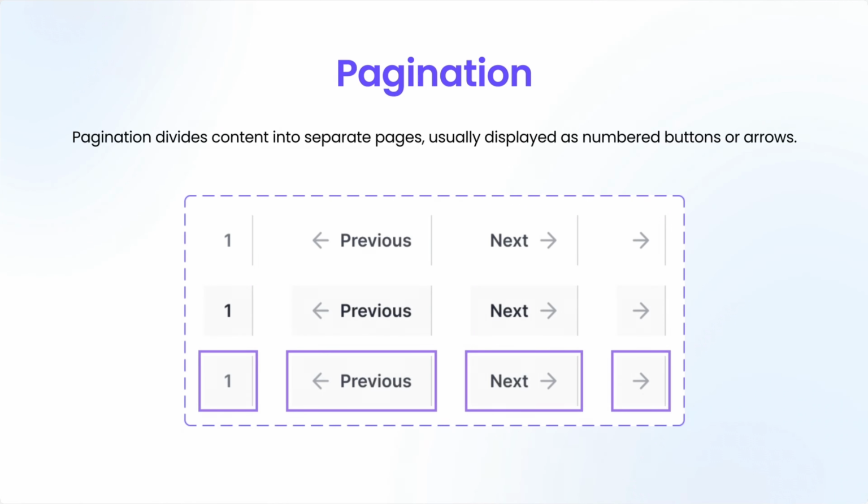You might want to utilize pagination or some sort of other elements such as an infinite scroll in order to separate page content and things of that nature. So pagination essentially divides content into separate pages, usually displayed as numbered buttons or arrows. And it's not just for pages, but also for content within UI components.